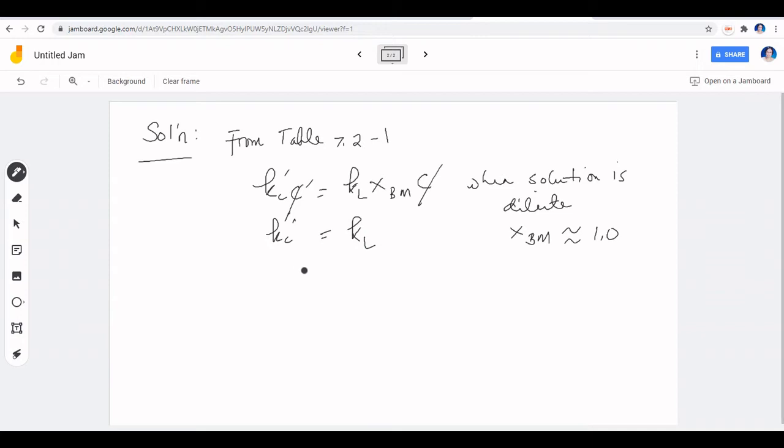Now the question is, where will we get an expression for our K sub C prime? So there is this particular formula that I have shown to you a while ago, a formula which has the appearance of the K sub C.